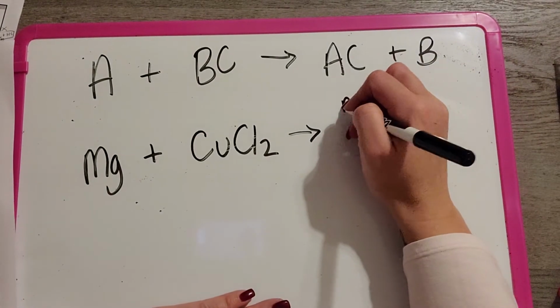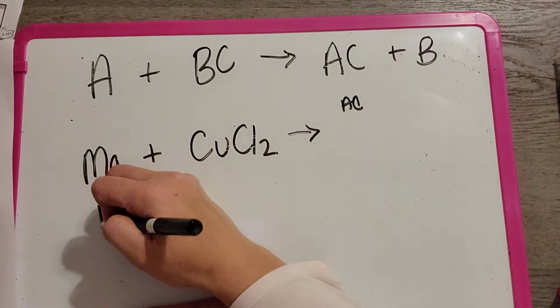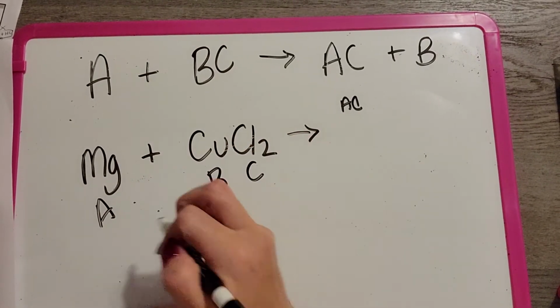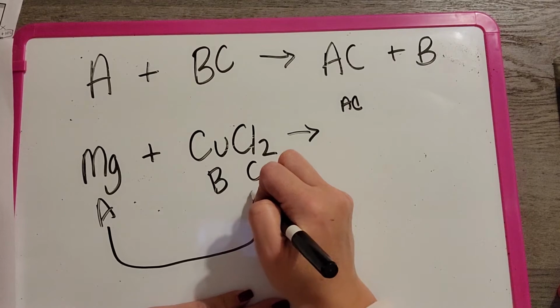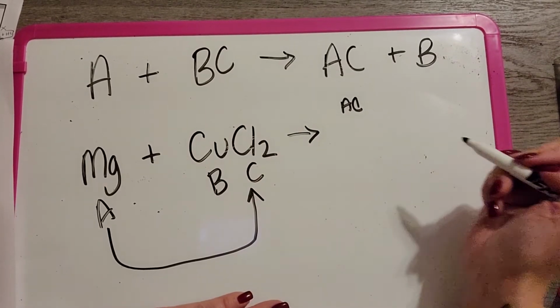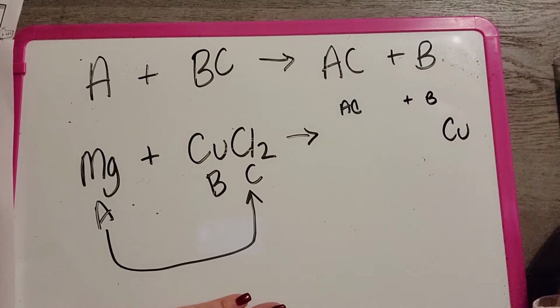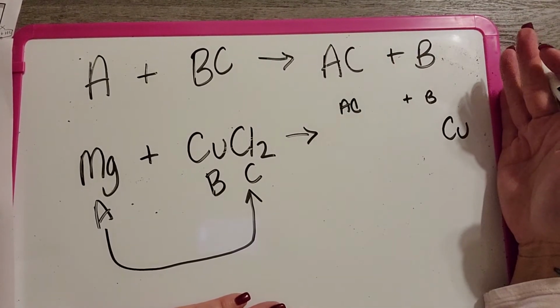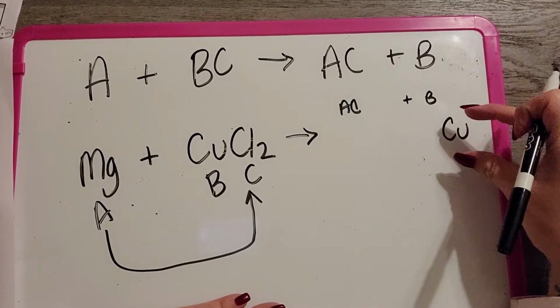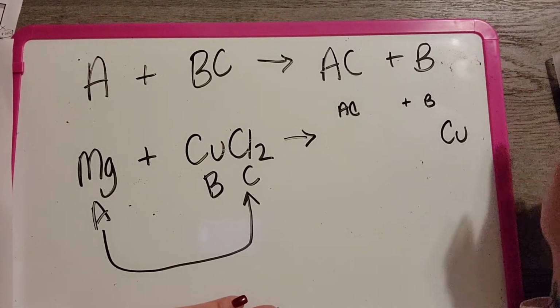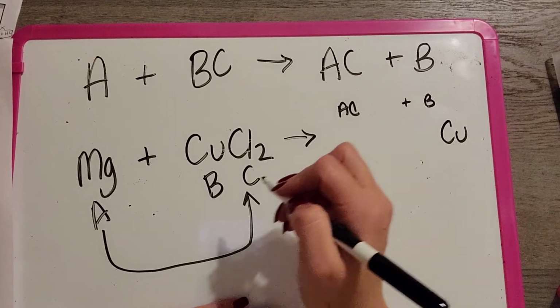So for our A with C, A, B, C. A with C is going to be the magnesium with the chlorine, and then B is going to get kicked out over here, which is just the copper. So when you have a plain element like this, unless it's hydrogen, hydrogen's the only one because it's a diatomic, it's just going to be plain copper.